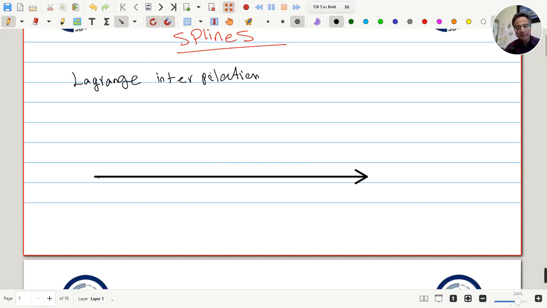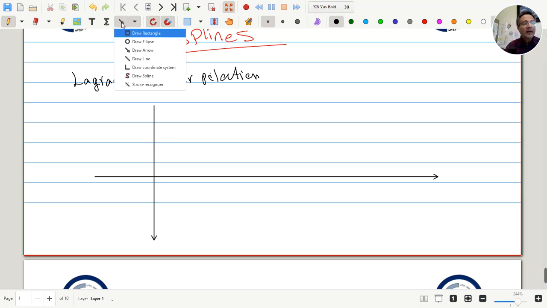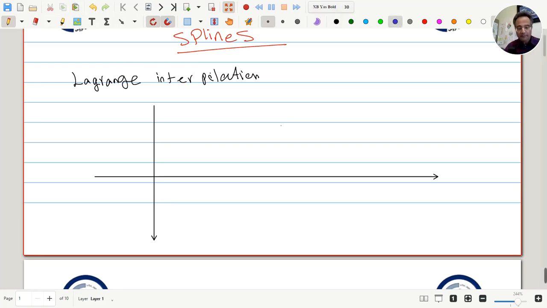Suppose that we have something like this. Let me change the thickness of the line here. Something like this as axes, and we have in fact a plot of a function like this one.